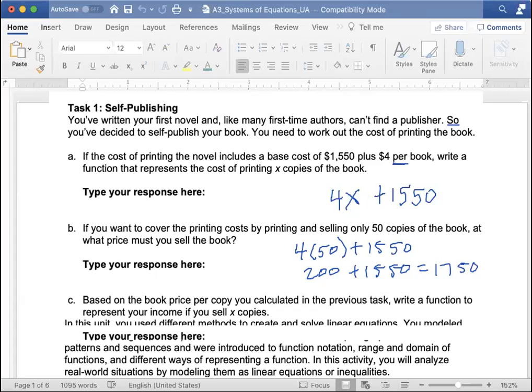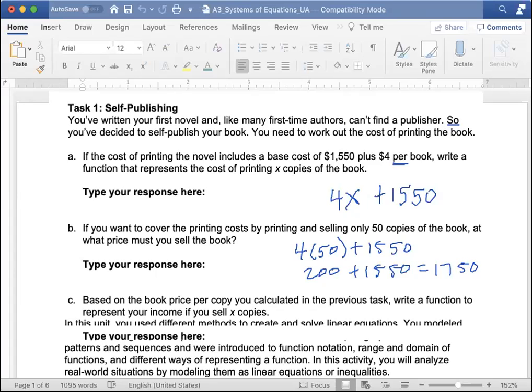So like that's the total cost, 215.50, of what it would cost to produce the books.